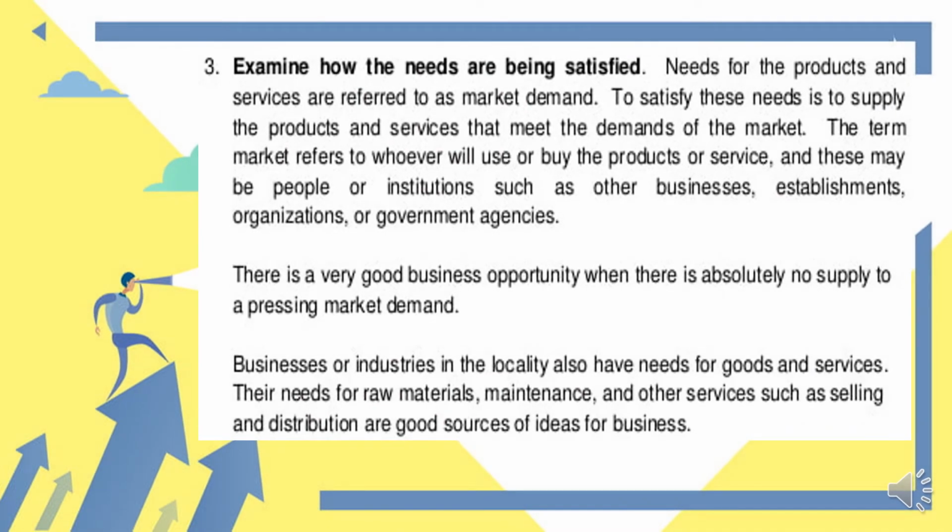Next is examining how the needs are being satisfied. Needs for products and services are referred to as market demand. To satisfy these needs is to supply the products and services that meet the demands of the market. The term market refers to whoever will use or buy the products or services.